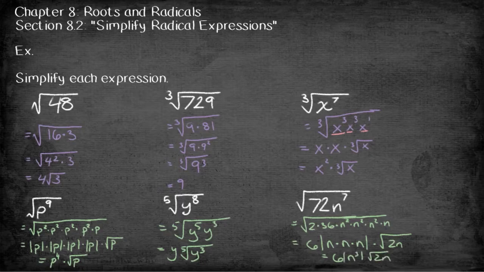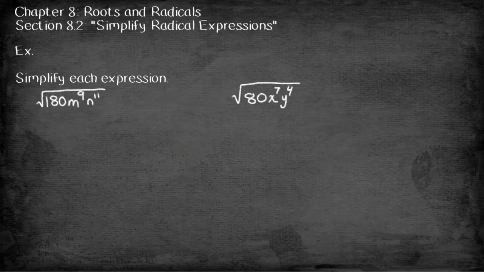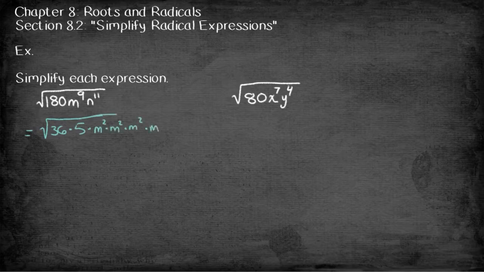All right, we're warming up a little bit. Start to go a little bit faster. 180 is 36 times 5. Now what we could do is write out repeated multiplication of m squared, but we know that we have 9 total factors of m to work with, and we need 2 every time we want to use the square root, so to speak.